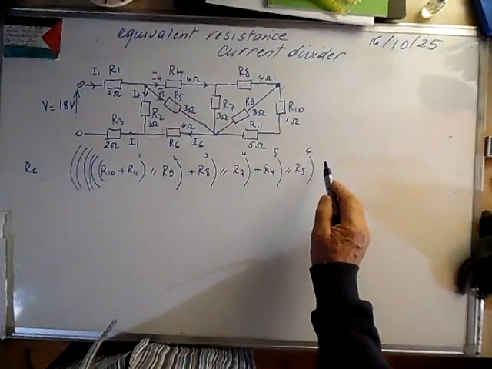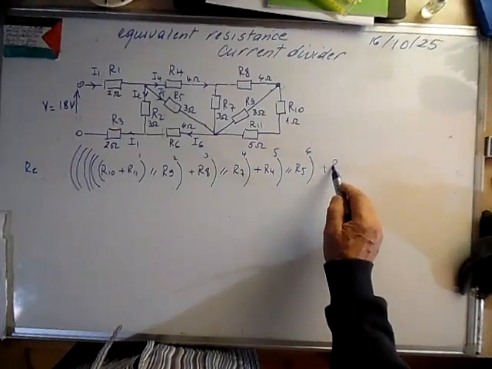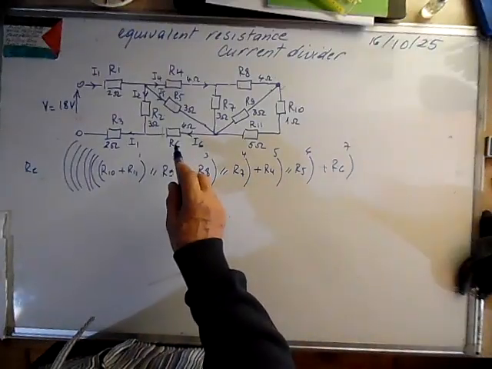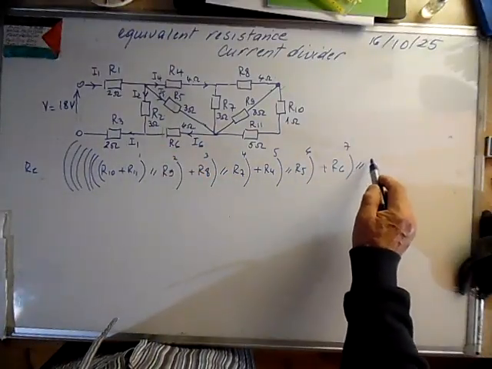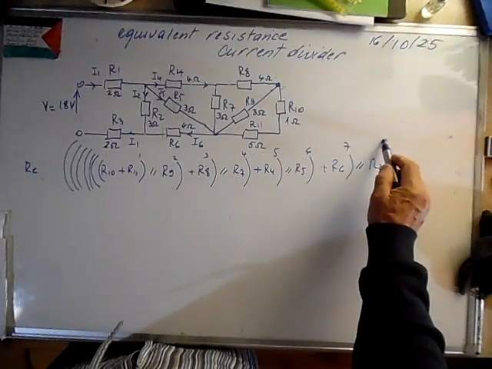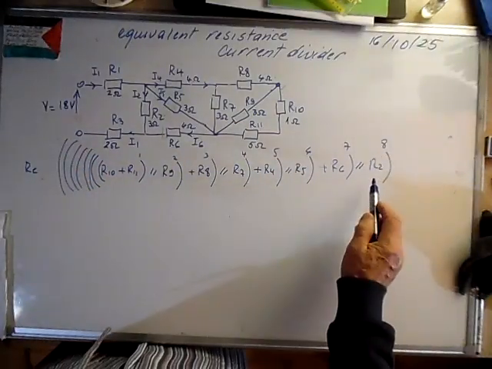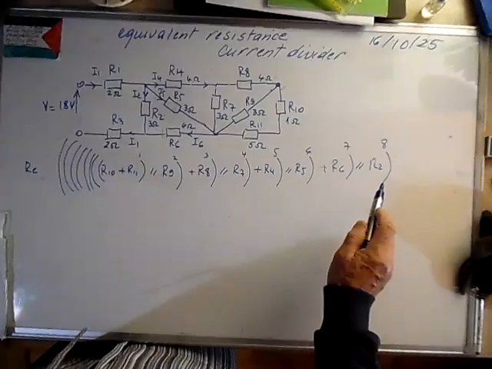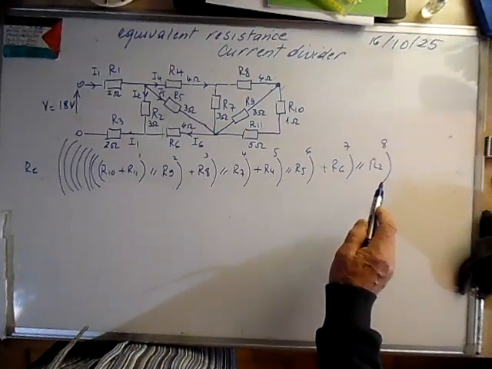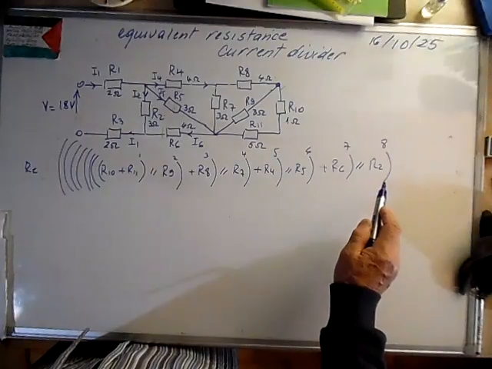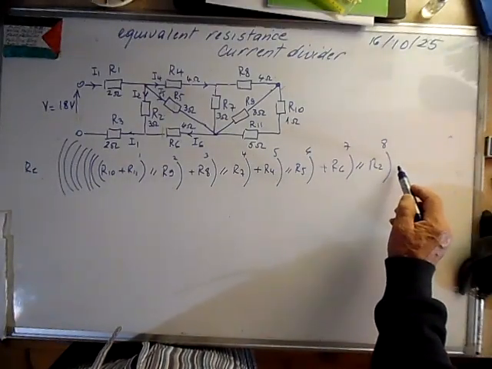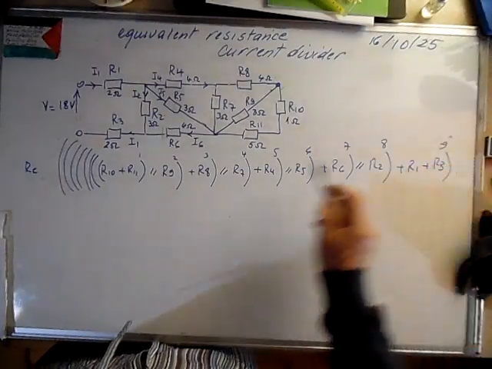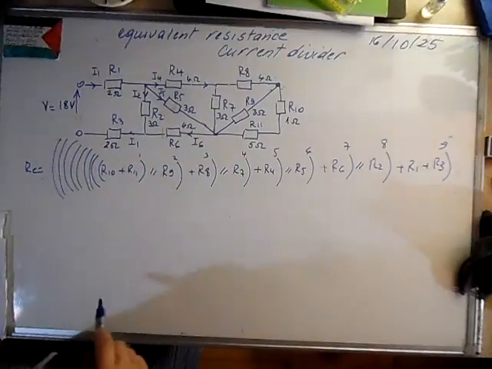And now we add R6, the seventh step, and later these are in parallel with R2, and here we can use the current divider to calculate the currents I2 and I6. And the last step is R1 and R3 are in series, and this is the equivalent resistance.